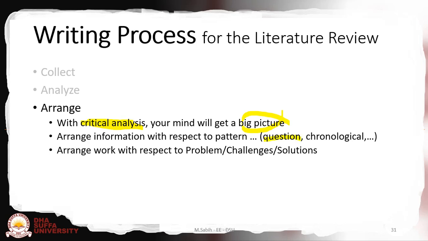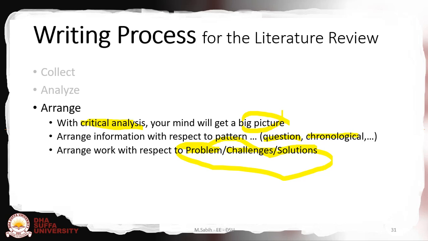Now think about whether you are working to answer questions, or looking for knowledge building in chronological order, whatever it is, and then you arrange your work with respect to problem, challenge, and solution. This is very important because ultimately you are going to narrow down to some specific problem, its specific challenges, and the specific solutions.